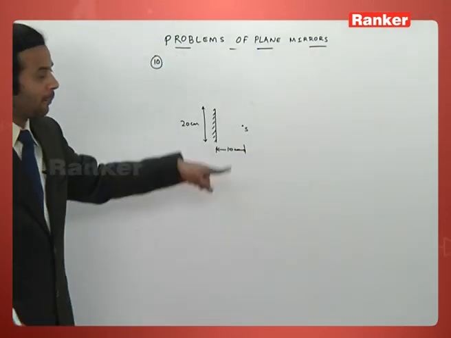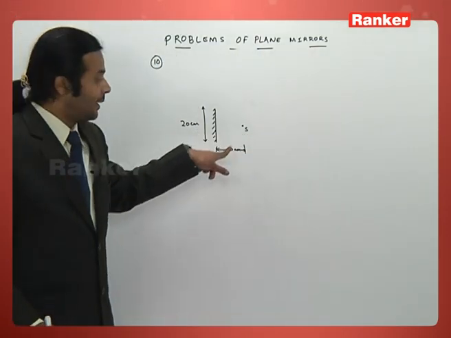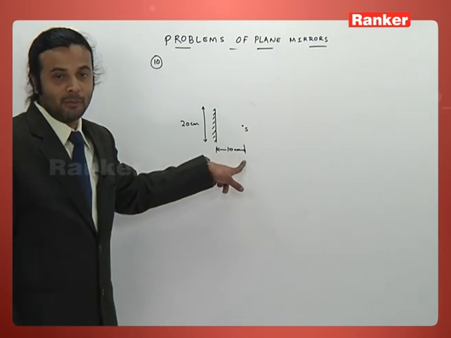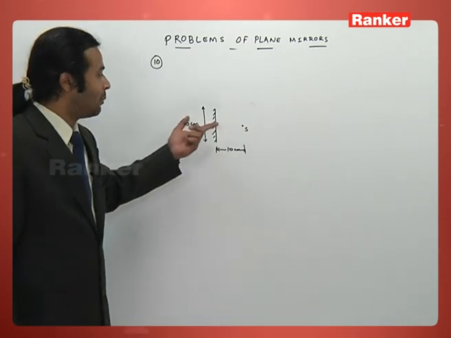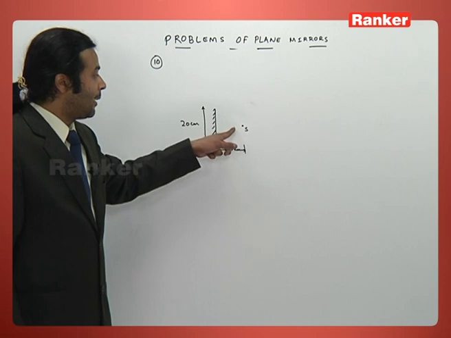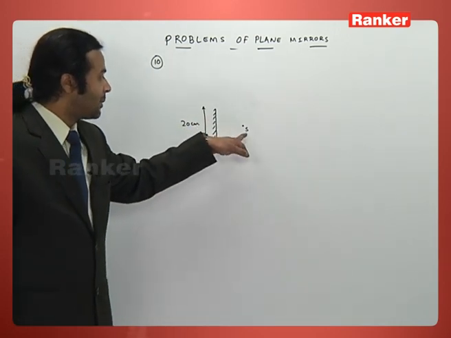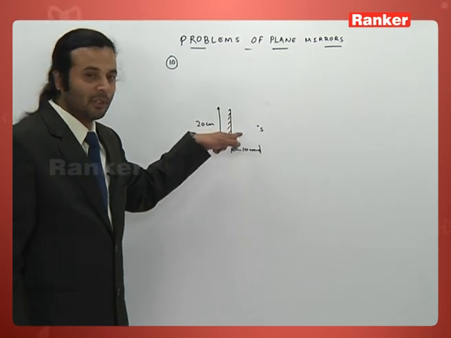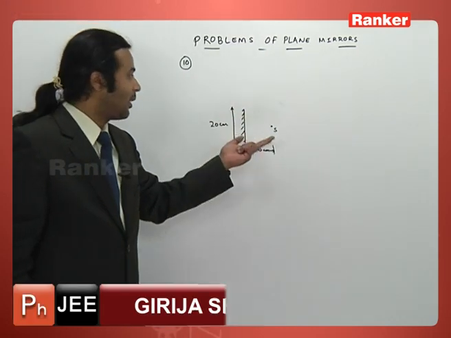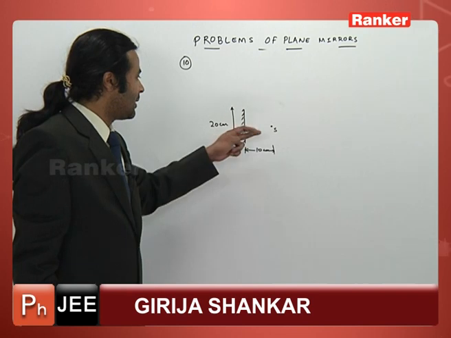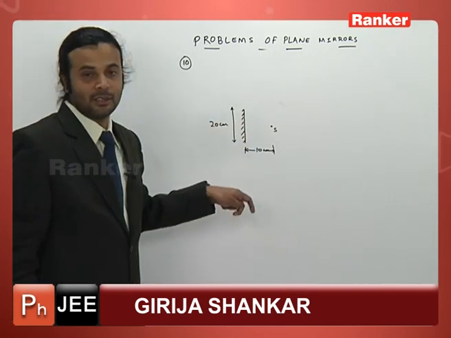So the first statement, a point source of light S is placed at a distance of 10 centimeter in front of the center of a mirror. If you remember that balloon and boy problem, in that question the source was placed symmetrical with respect to the mirror. Now it is saying in front of the center of the mirror. The concept is very much the same. This distance must be equal to this distance.